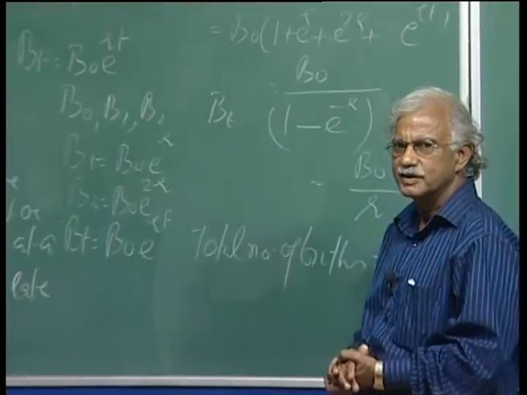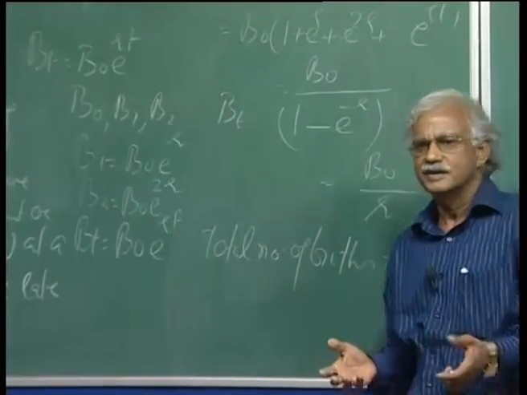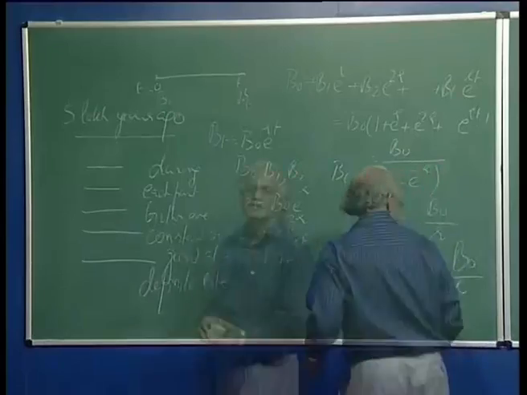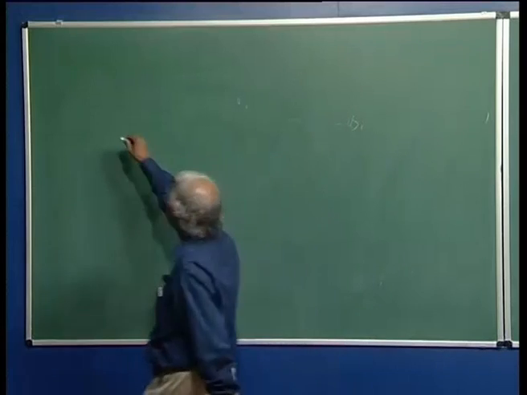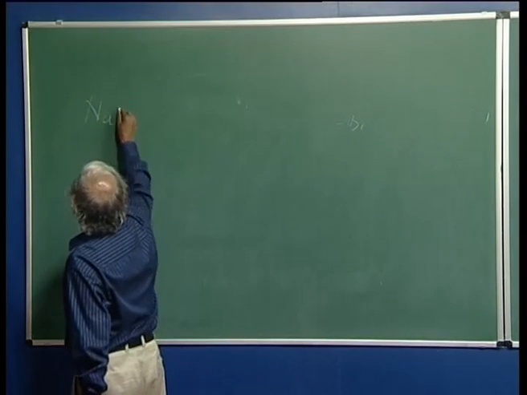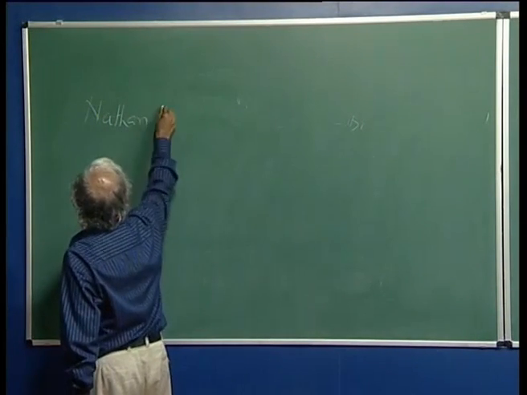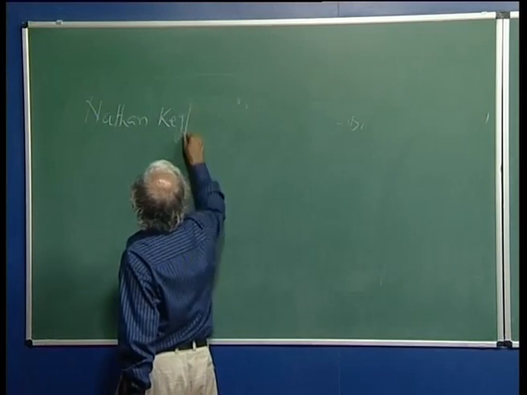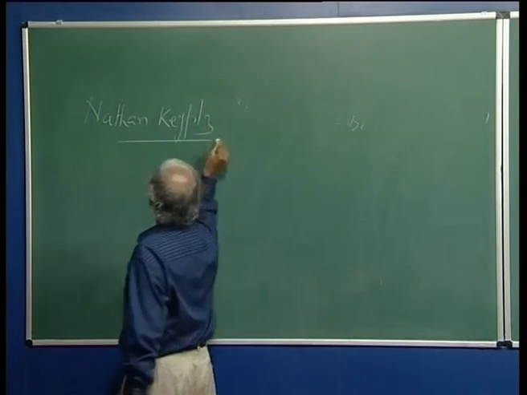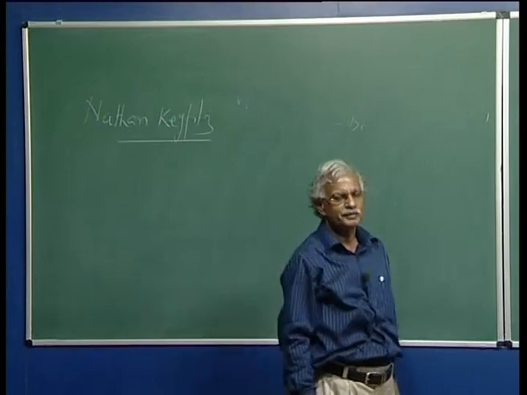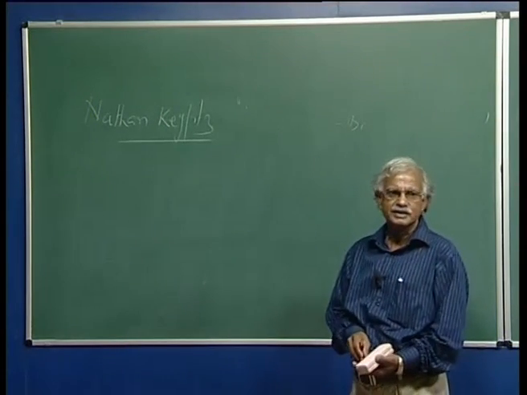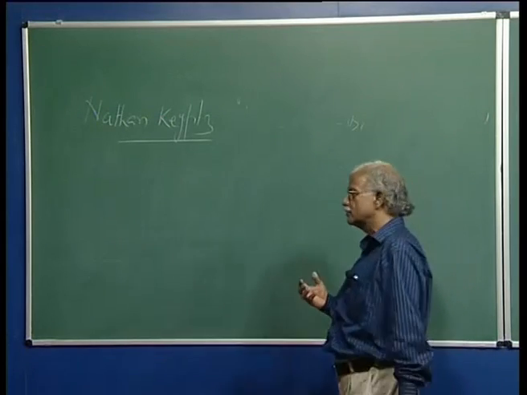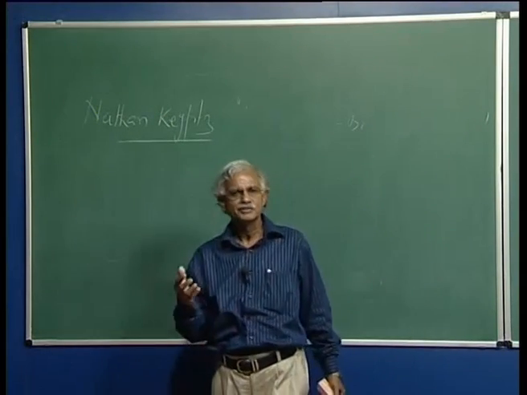Very simple. And Nathan Keyfitz, the noted English demographer Nathan Keyfitz, divided the history of mankind into a number of periods during which growth of births was relatively constant.